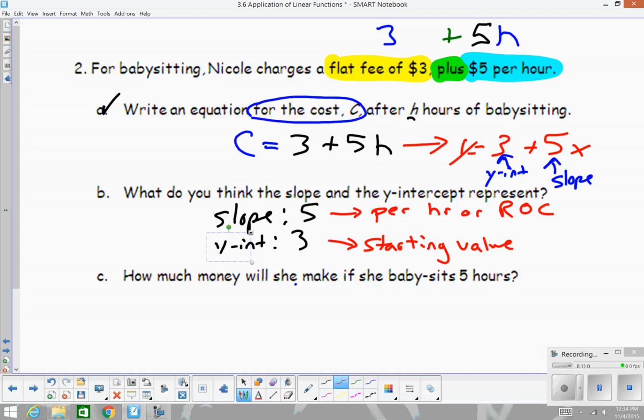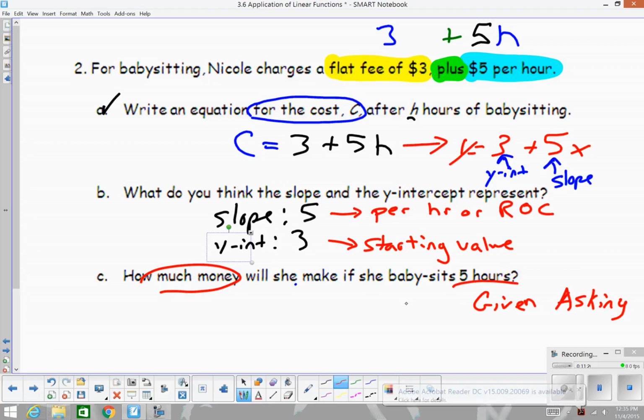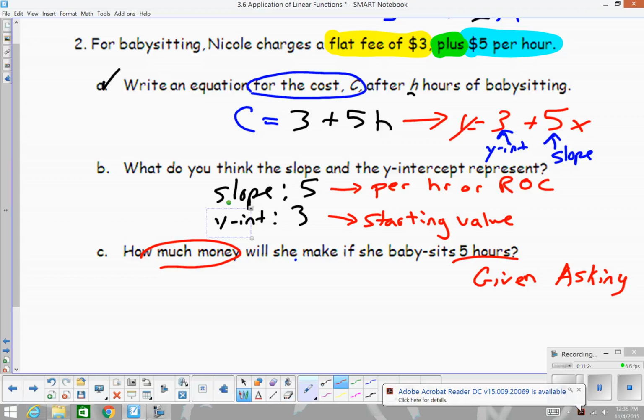Okay, good. Now, I want you to go ahead and try to solve for C. What is it asking? What is it given? How much money? I don't know how much money. That's what it's asking. Will she make if she babysits for 5 hours? That's what's given. So down here, what's given is 5 hours.